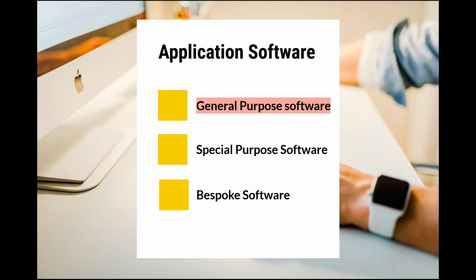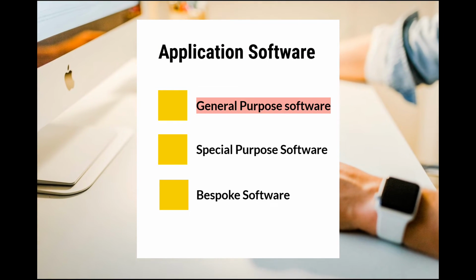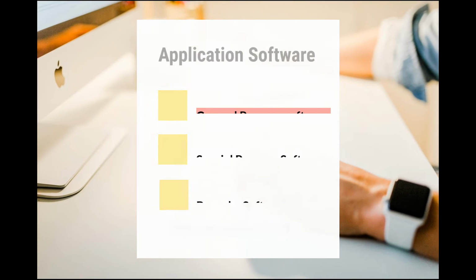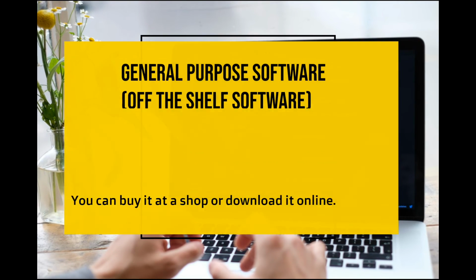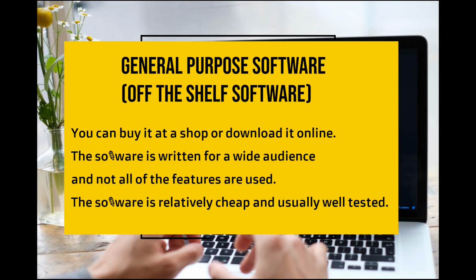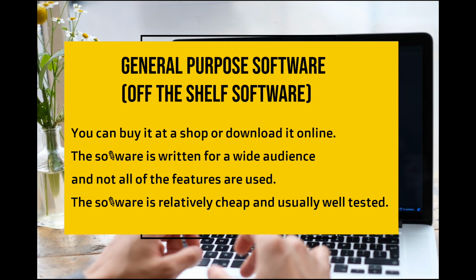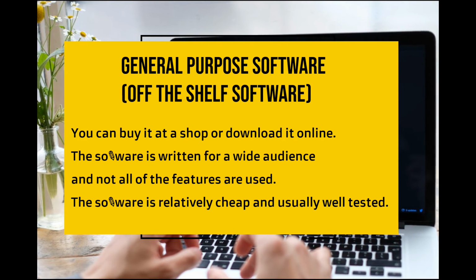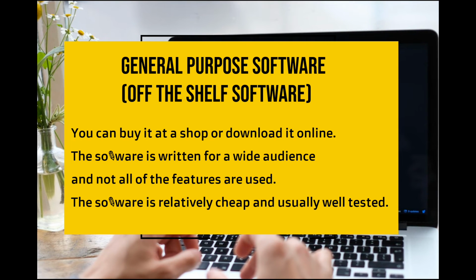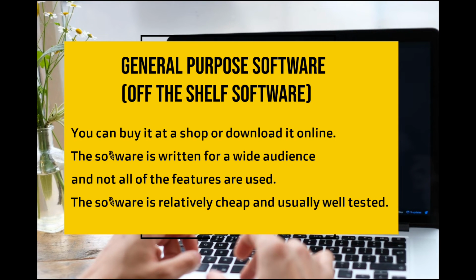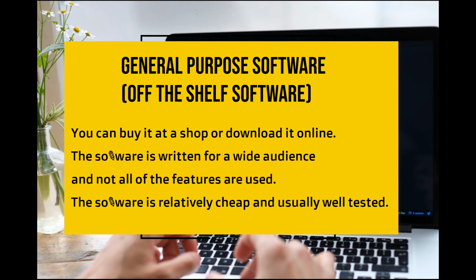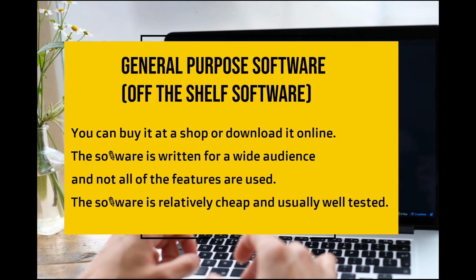Let's learn about the first category, general purpose software. You can also call this off-the-shelf software. That means you can buy it at a shop or download it online. This particular software is written for a wide audience and not all of the features are used.